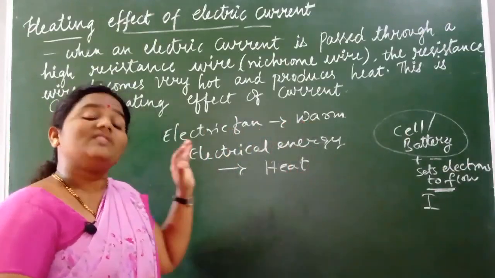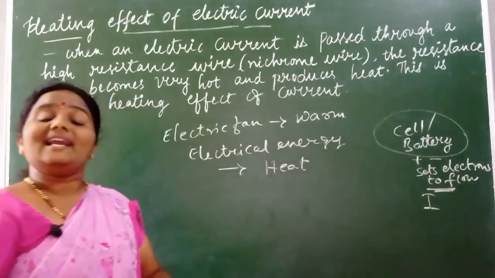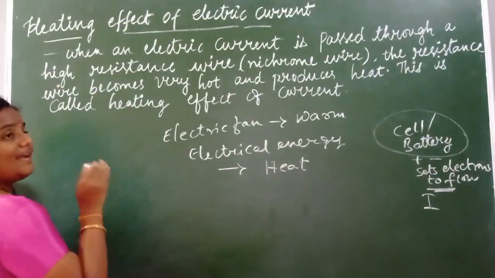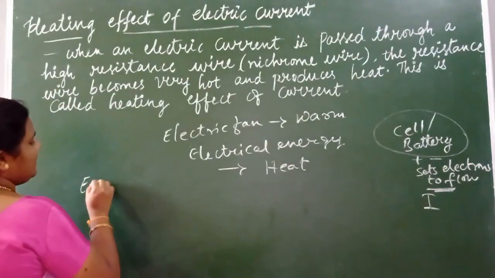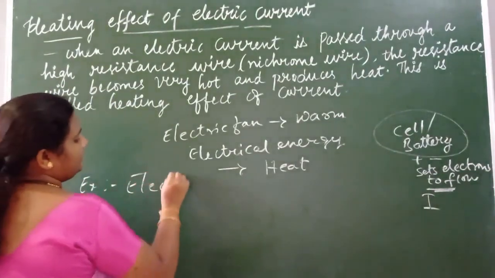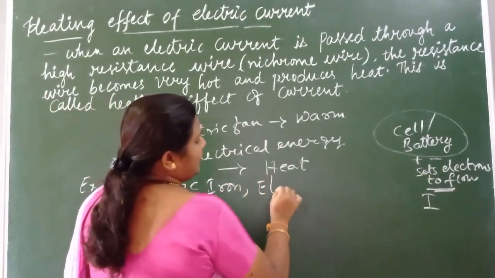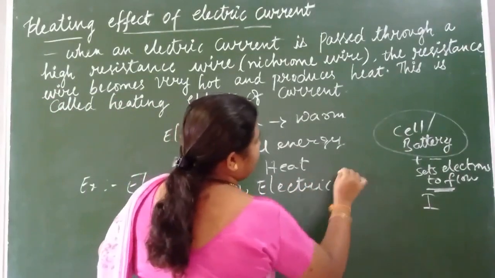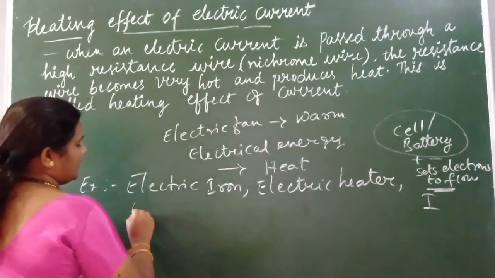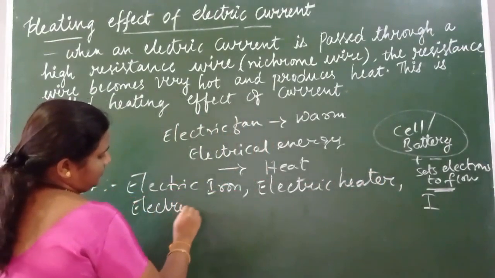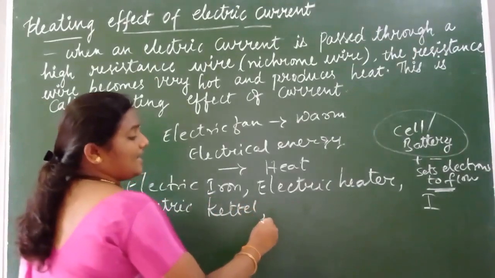You know children, this effect is widely used in the working of electrical appliances which are mainly based upon heating. For example, you can take electric iron, then electric heater, or geyser, then electric kettle, then hair dryer, children.